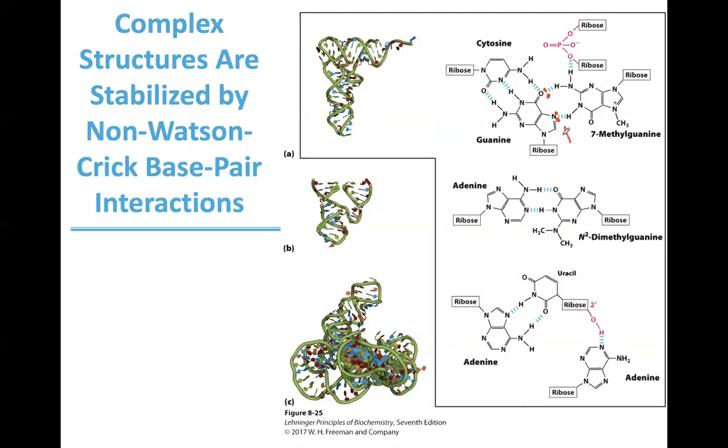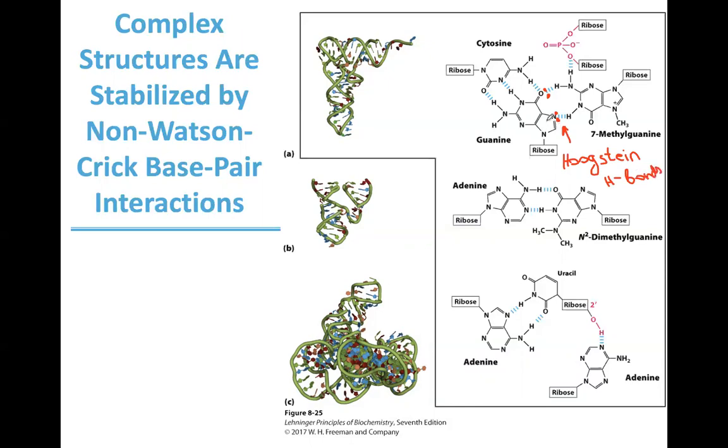These types of hydrogen bonds are known as Hoogsteen hydrogen bonds, named after the scientist who discovered them.